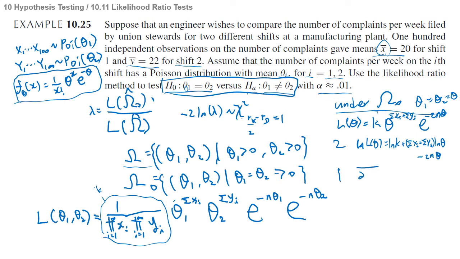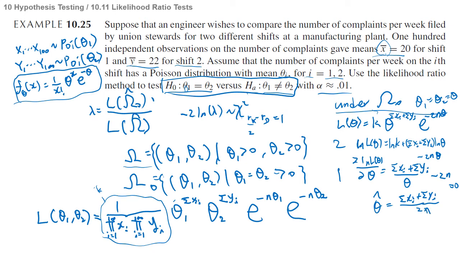And if you differentiate with respect to theta, this becomes sum of xi plus sum of yi divided by theta, minus 2n. And let's set it to 0, and then you can calculate theta hat. Our theta hat is sum of xi plus sum of yi divided by 2n.